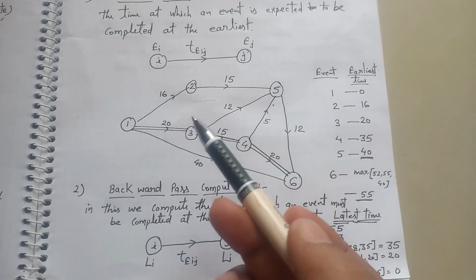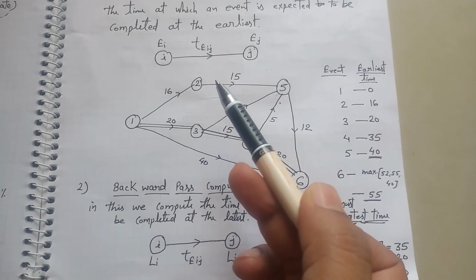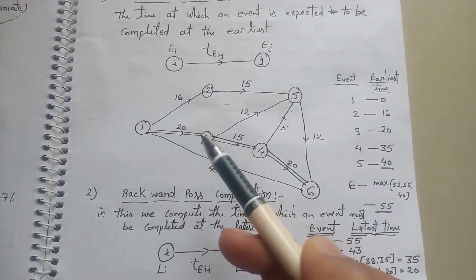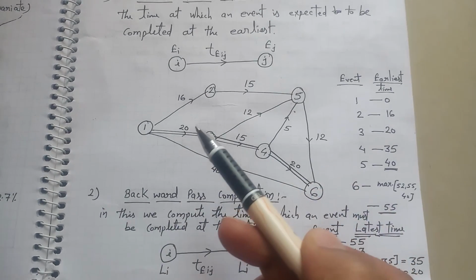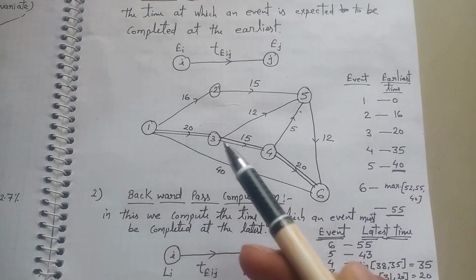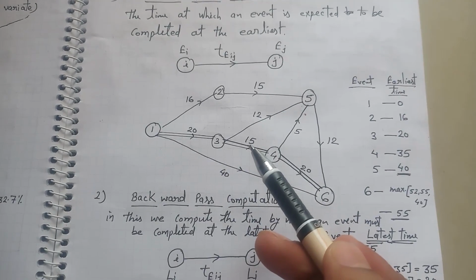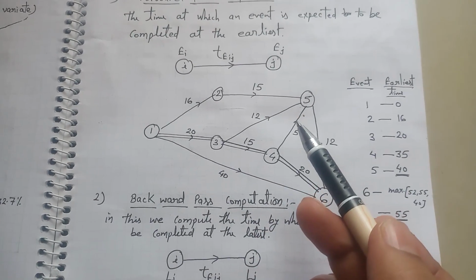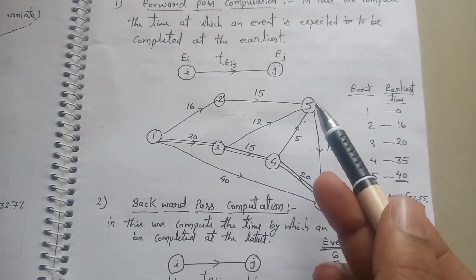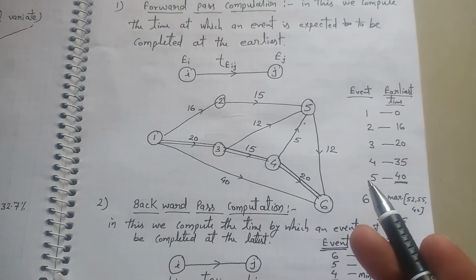Path 1-2-5 takes 31, path 1-3-5 takes 32, and for 1-3-4-5 we take 20 plus 15, which is 35, plus 5, 40. It means we have to select 40 as the earliest time for event 5.